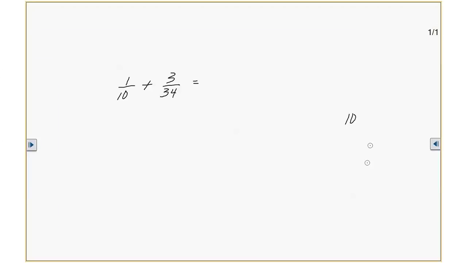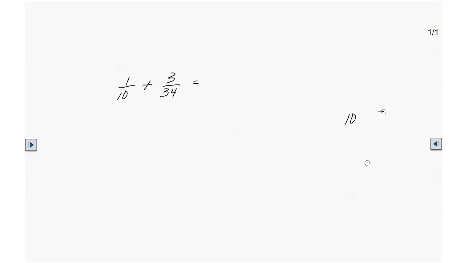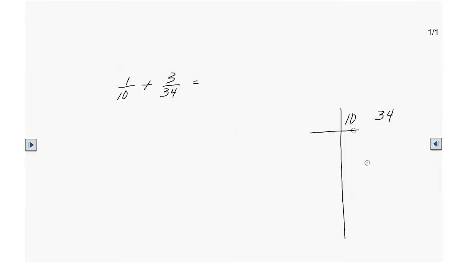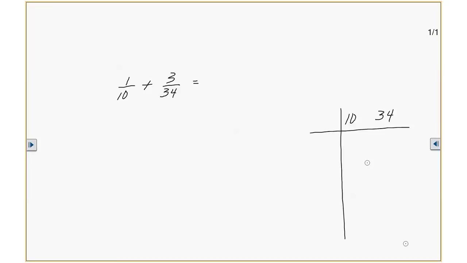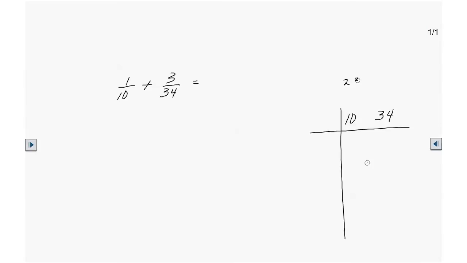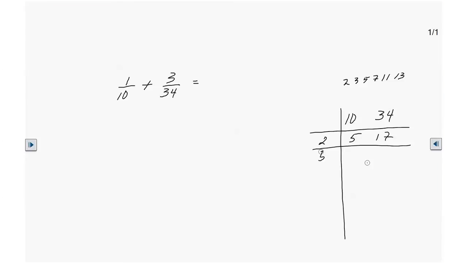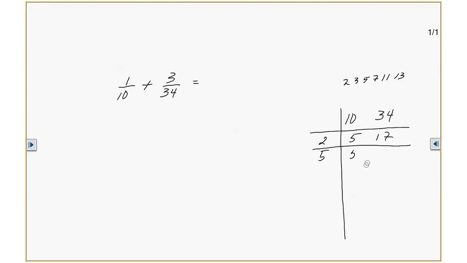It's all right. We didn't do anything fun in that class. No more. Because how many people will take and mess it up? 1, 2, 3, 5, 7, 11, sometimes 13. There's our two denominators, 10 and 34. We go down here, we say 2, 5, 17, 5, 17.